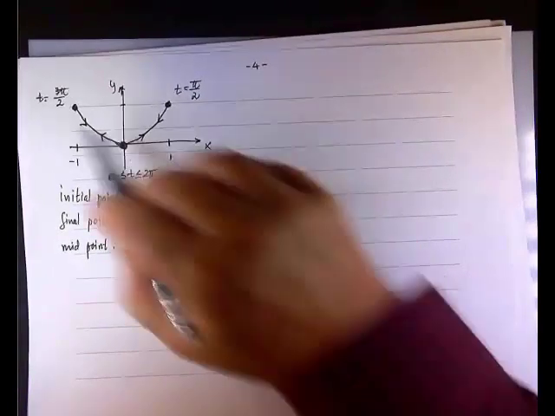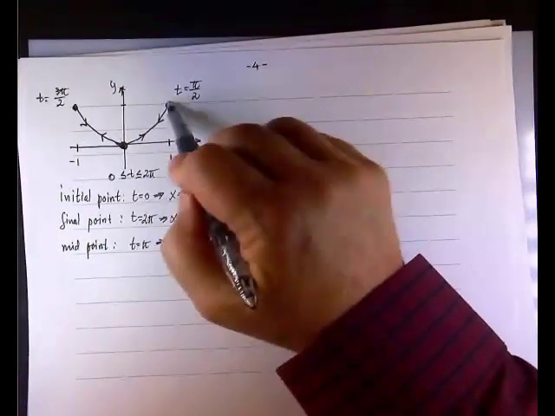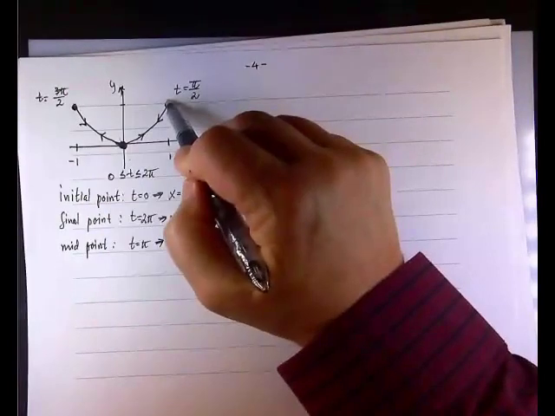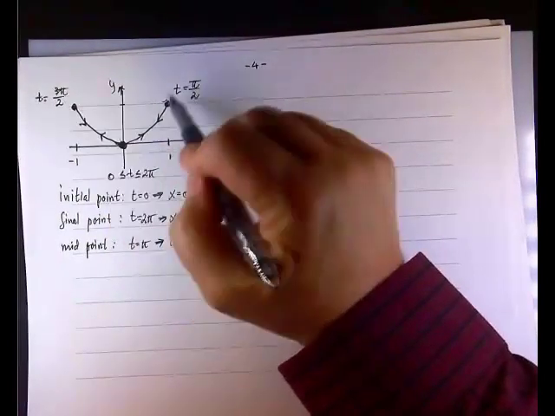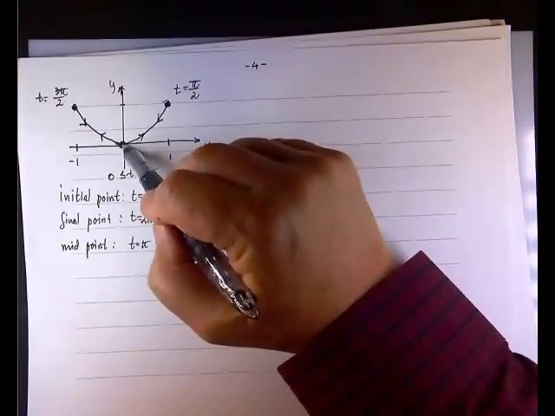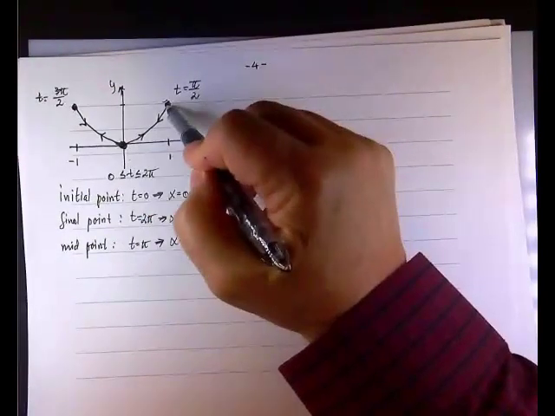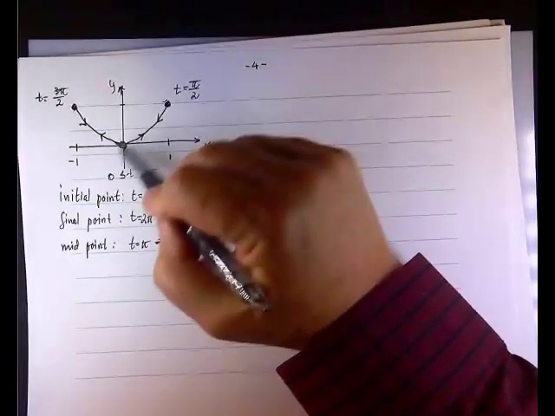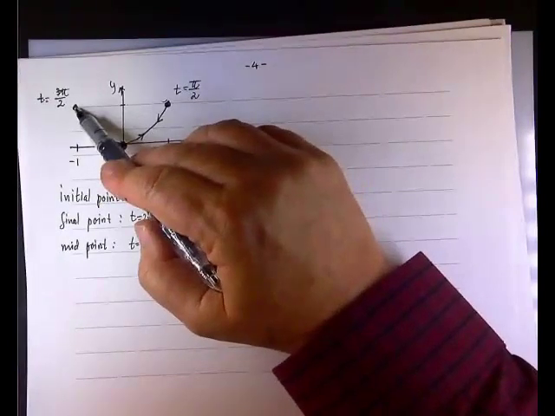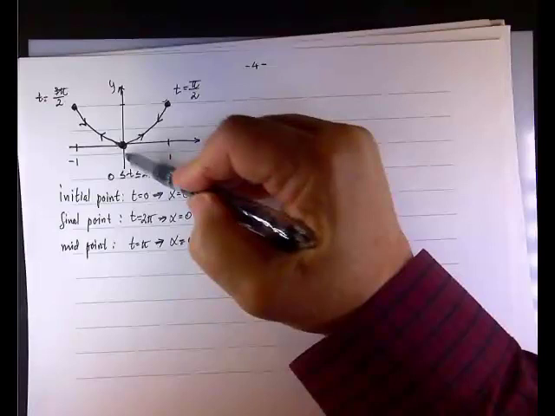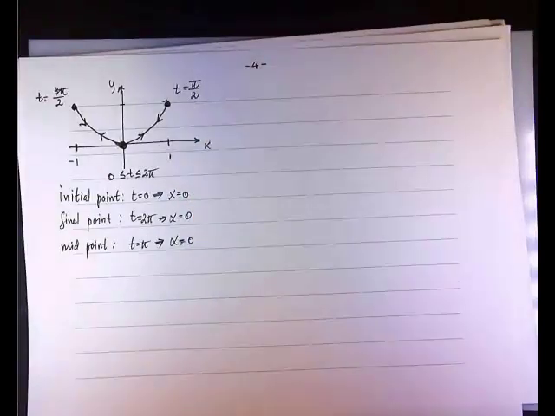If one cycle, we start right here, we go from here to here, and then we go back, we go from this point to this point. This would be from pi over 2 to pi to 3 pi over 2. So first quadrant, we go from the origin to pi over 2. Second quadrant, we go back to the origin. Third quadrant, we go to this point, and fourth quadrant, we go back into the origin.